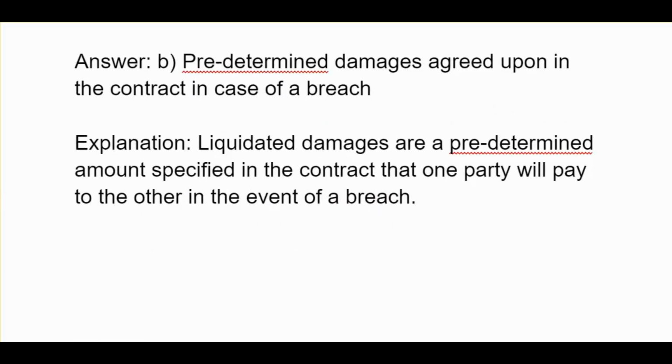B, predetermined damages agreed upon in the contract in case of a breach. Liquidated damages are a predetermined amount specified in the contract that one party will pay to the other in the event of a breach.